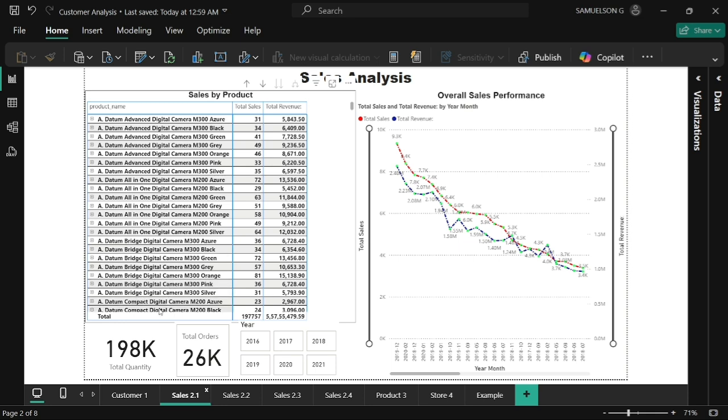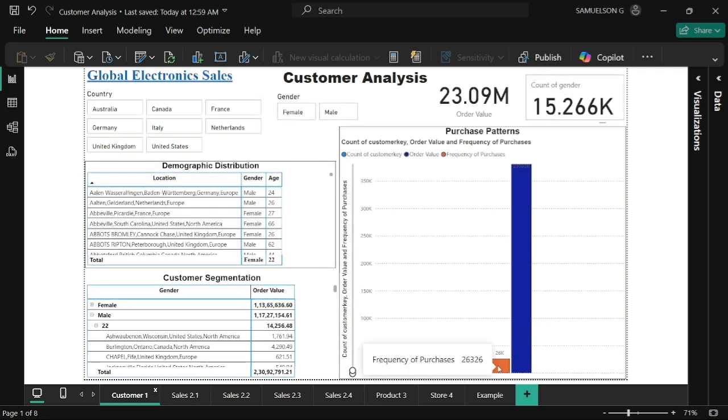These are the total sales. Frequency of orders. Frequency of purchases means how much they purchase over time.